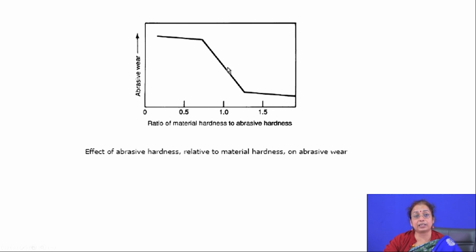Otherwise, if the hardness difference is large, naturally the wear occurs in the mating surface. So, when you increase the hardness of the component to reduce abrasive wear, you should keep the hardness to a value of 1 to 1.25 times that of the mating surface, so that you minimize the wear rate to a large extent and there is no wear of the mating surface.